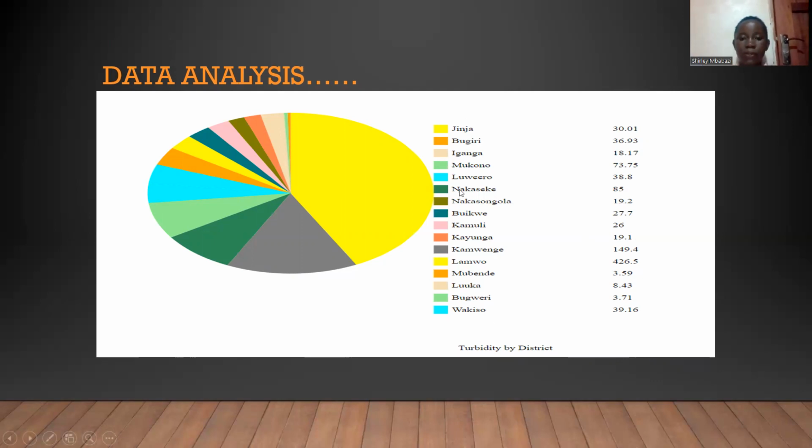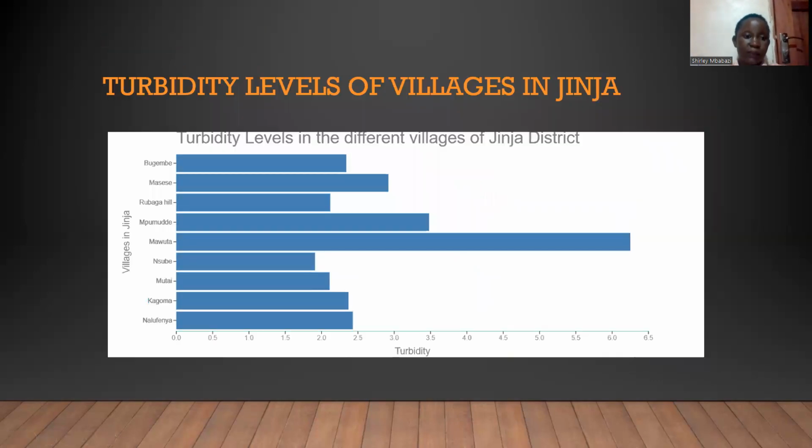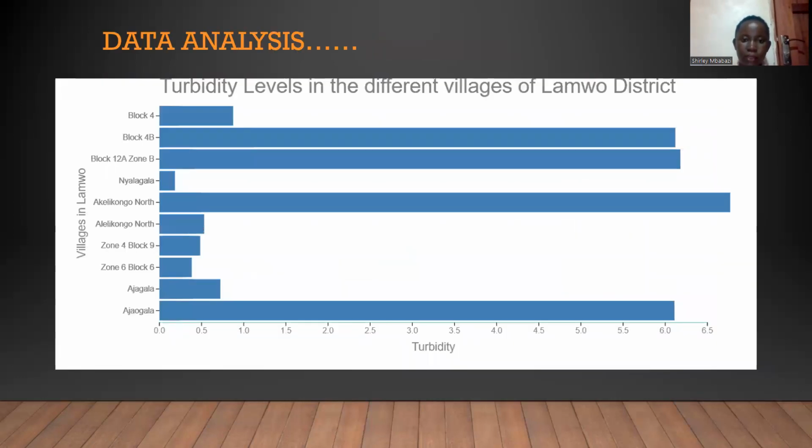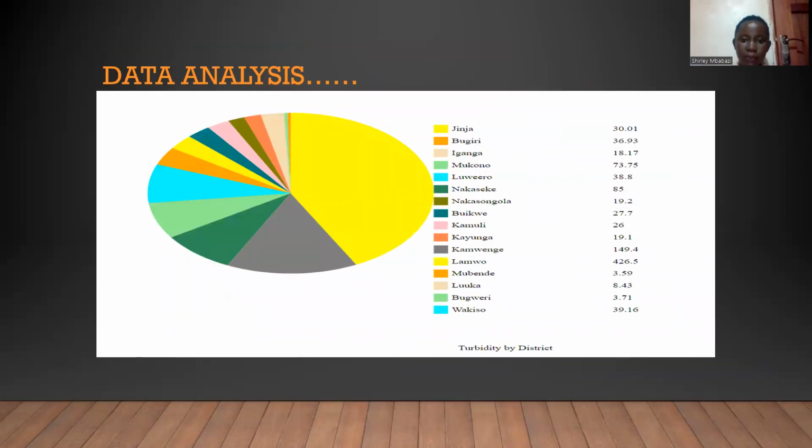We also saw that some of these districts, like Kamwenge and Nakaseke, had a lot of data collected from there. But if you look here, Kamwenge is also high, and Nakaseke is quite low, meaning stability in that area is low as opposed to other districts.